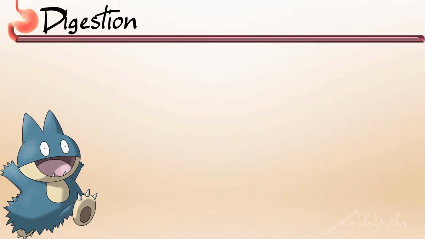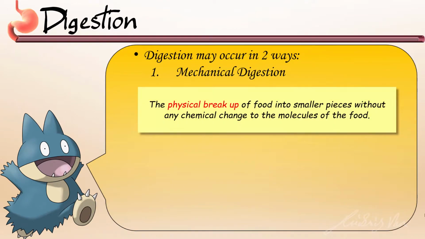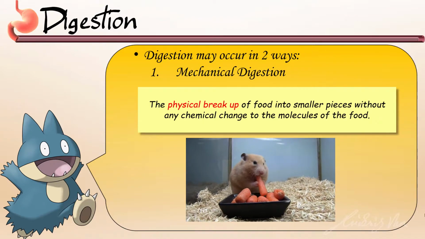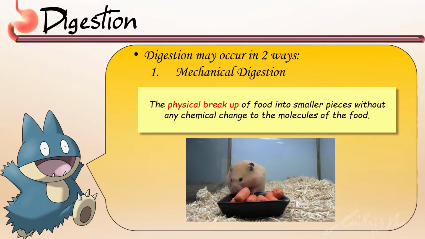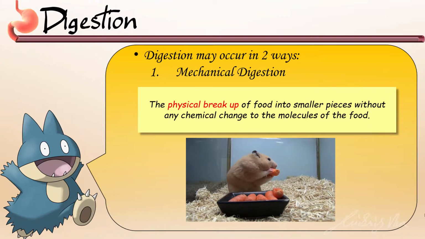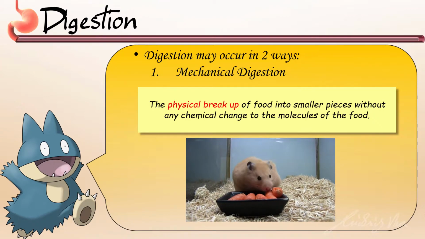Digestion can occur in 2 ways. First is mechanical digestion. You might want to copy this down: it is the physical breakdown of food into smaller pieces without any chemical change to the molecules of the food. You can imagine a big piece of Kentucky Fried Chicken, you bite it or chew it into smaller pieces.